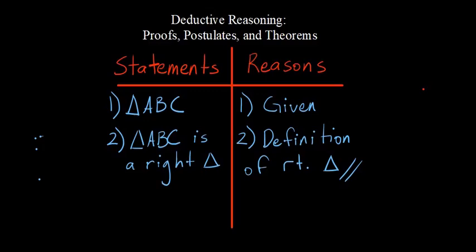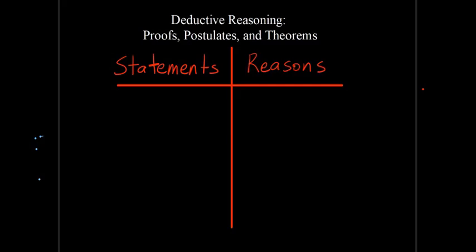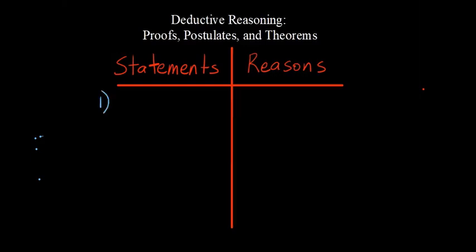Let's do a quick proof for an algebraic problem, just to get the handle on how a proof works. I'm going to be given the equation 2x plus 4 equals 6. And I'm being asked to prove that x equals 1 for this equation. So we start off with what was given to us, 2x plus 4 equals 6. The reason for the first step of our proofs is always just the given information. This was given to me by the problem.